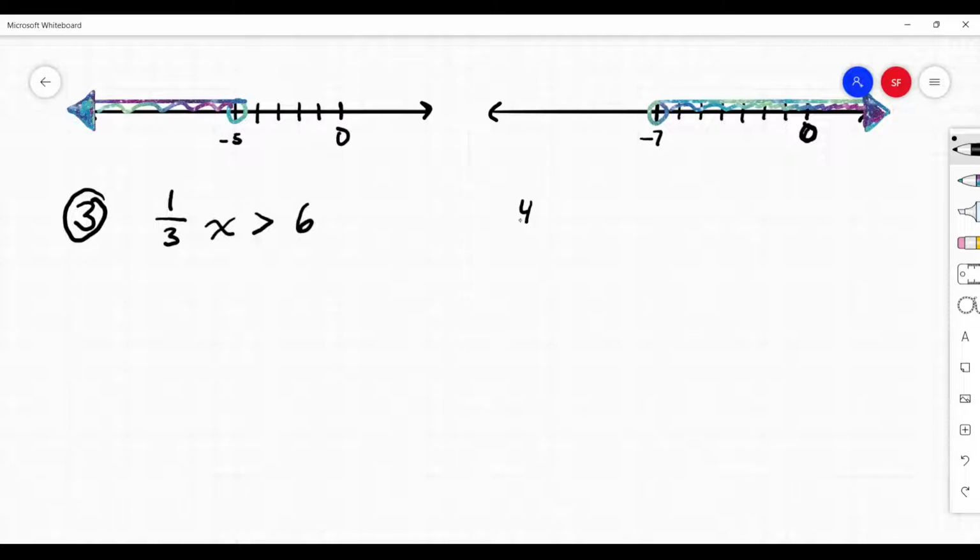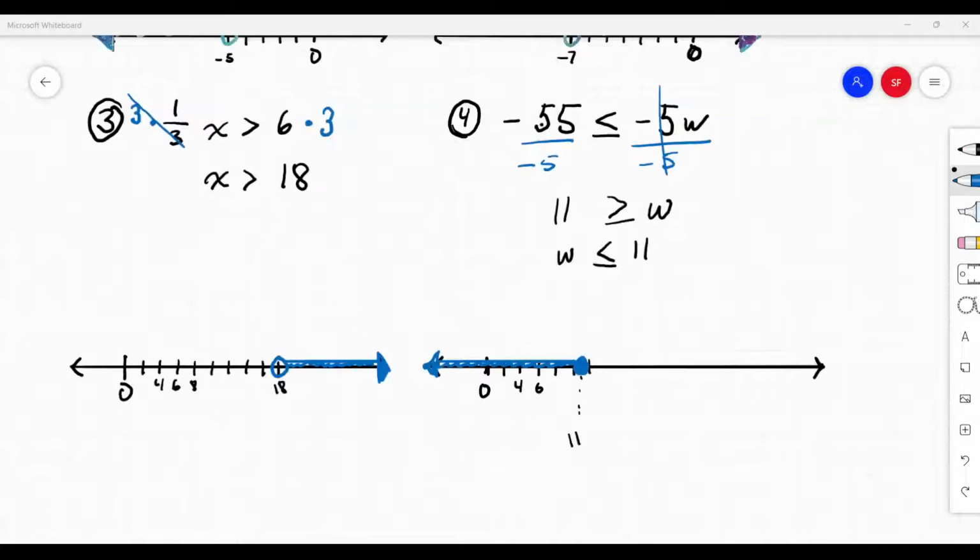And number 4 is going to be -55 is less than or equal to -5w. Go. Okay. There you go. Good.